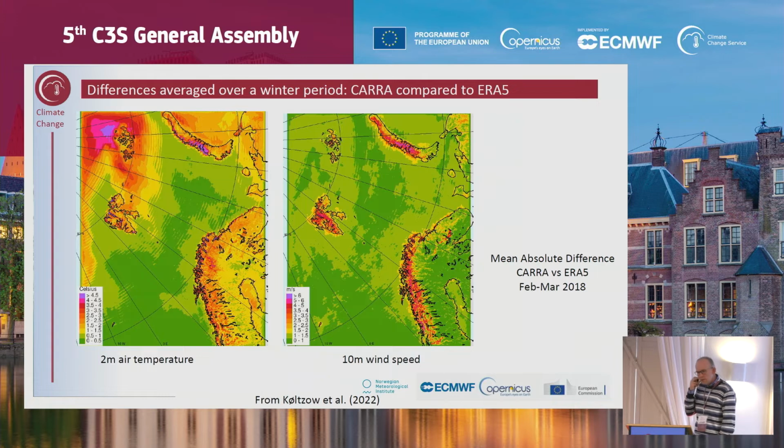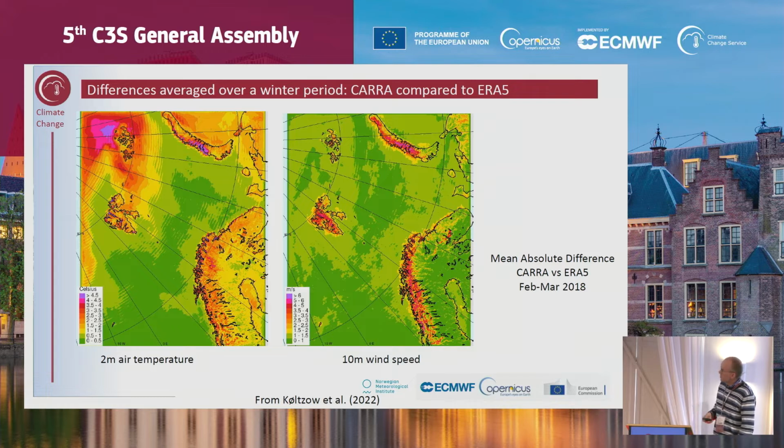Taking this a little bit further, this is the mean absolute difference between CARA and ERA5 for a couple of winter months in 2018 from the CARA East domain, covering Norway, the Barents Sea, Svalbard, and so on.